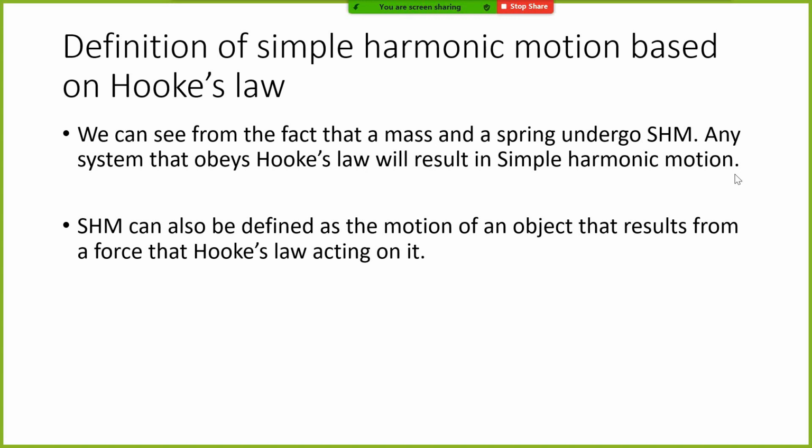So if you see that something is obeying Hooke's law, which says that the force required to compress or extend a spring is directly proportional to the displacement, then it means that it's going to exhibit simple harmonic motion.